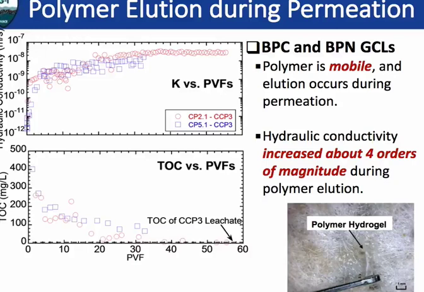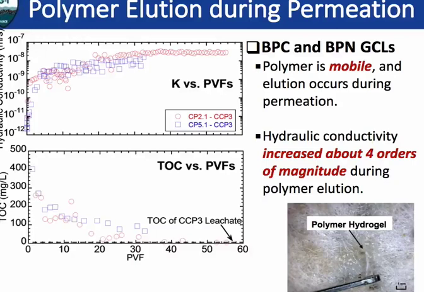Also, we observed that the retention of the polymer is very critical for the BPC GCL to be functional. During our test, we found that some of the GCLs permeated with strong leachate had hydraulic conductivity that increased over time. This temporal behavior correlates with the effluent total organic carbon content.